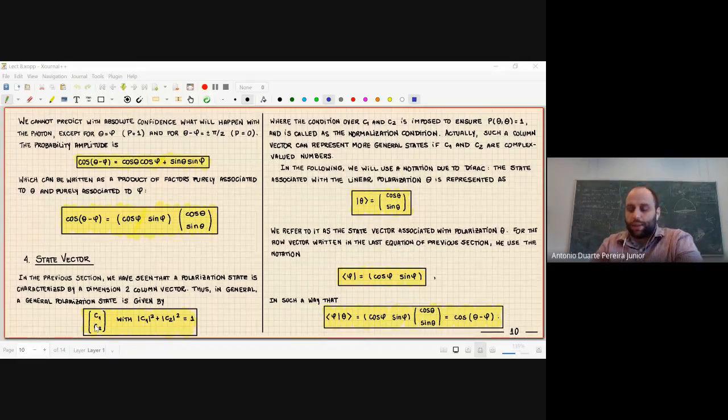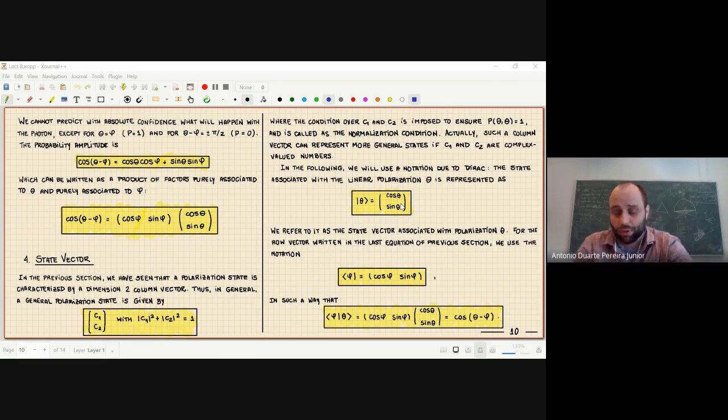I will define, so this is a definition, the quantum state of polarization theta as a column vector with two entries: the first entry will be cosine of theta, the second entry will be sine of theta.